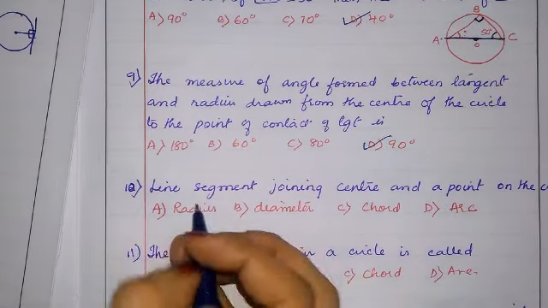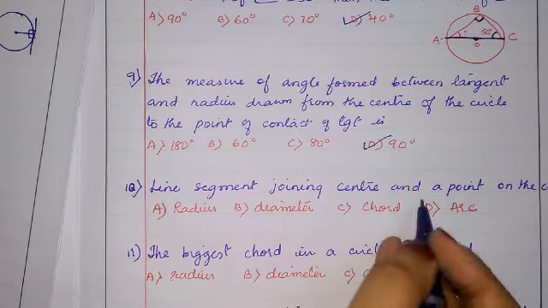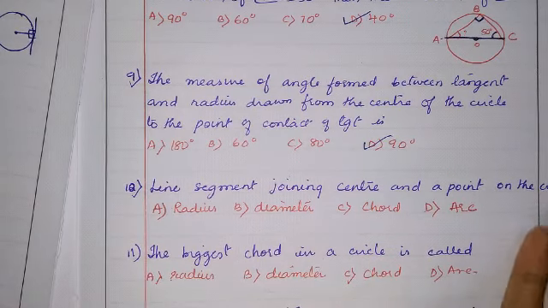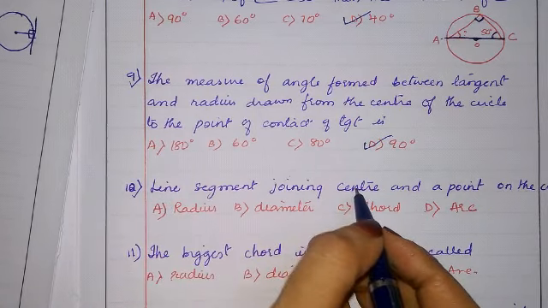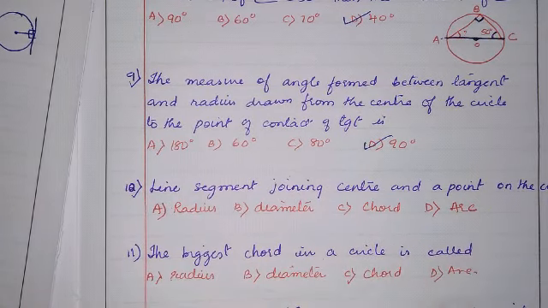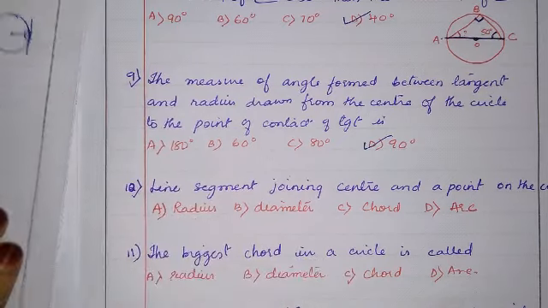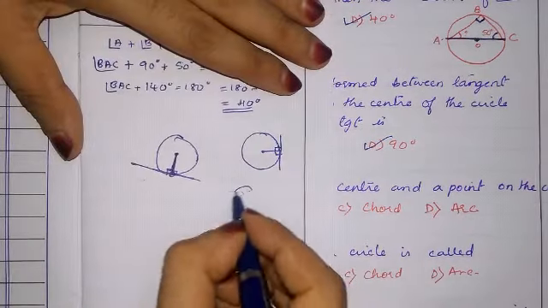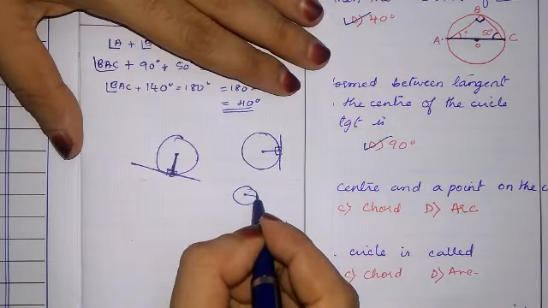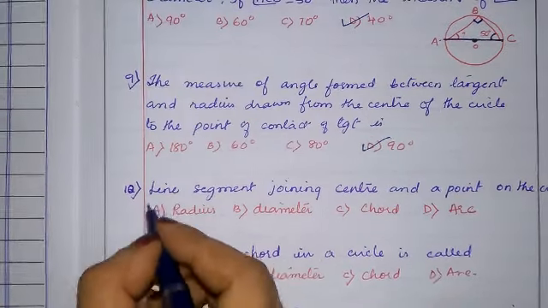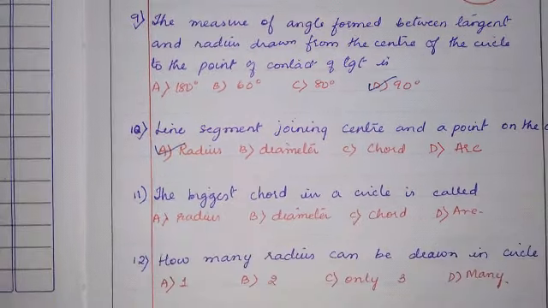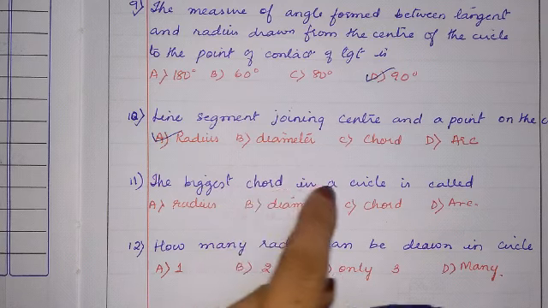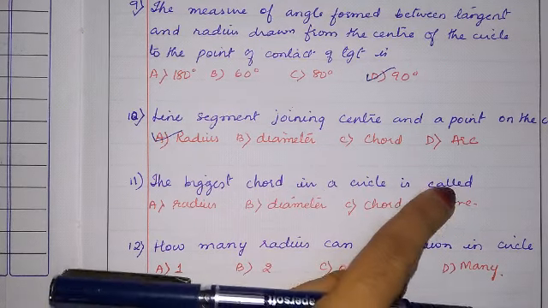Next question, line segment joining the center and a point on the circle. A line segment joining the center and any point on the circle is always a radius. So we can expect this type of question from the circle chapter. The next question is, the biggest chord in a circle is called dash.